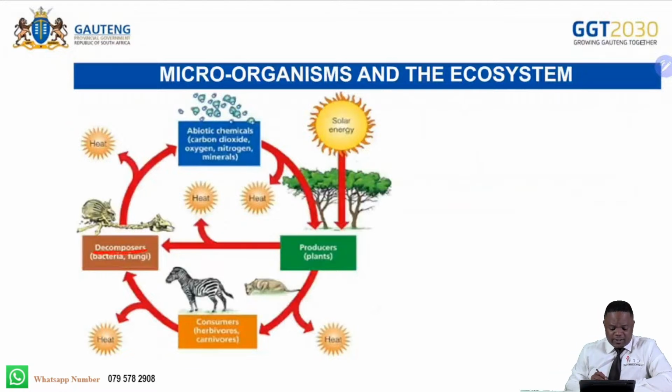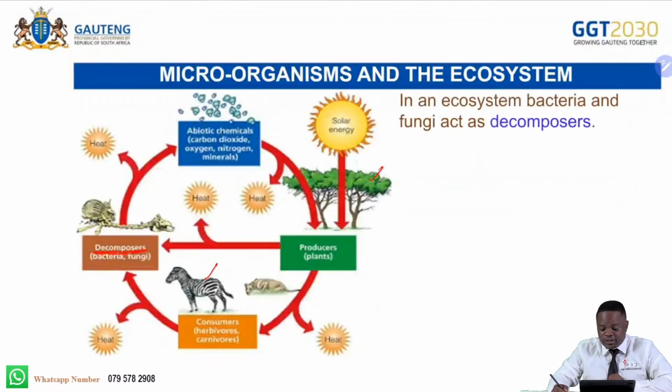We're saying they break down organic material. It can be dead animals, it can be dead plants. So what will they do? They act on those dead plants and animals, and in the process, they are going to release some nutrients into the environment.